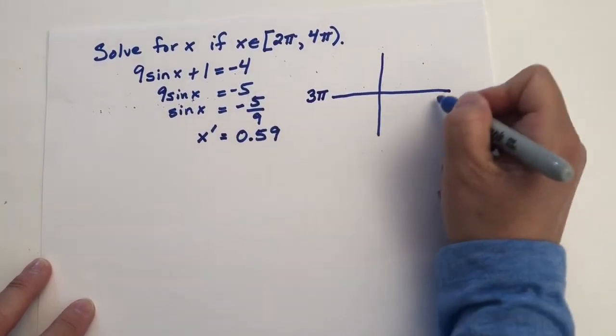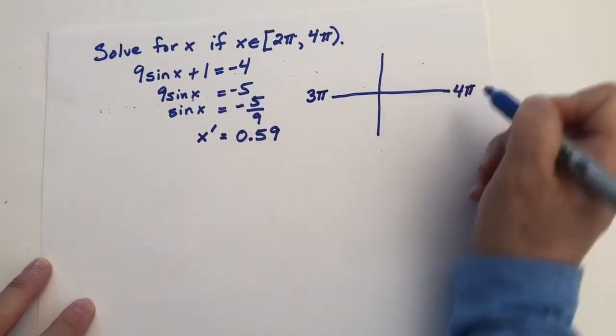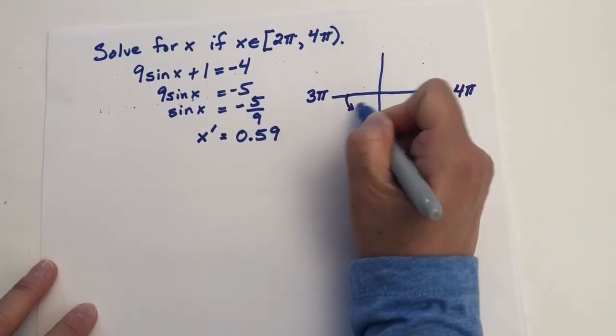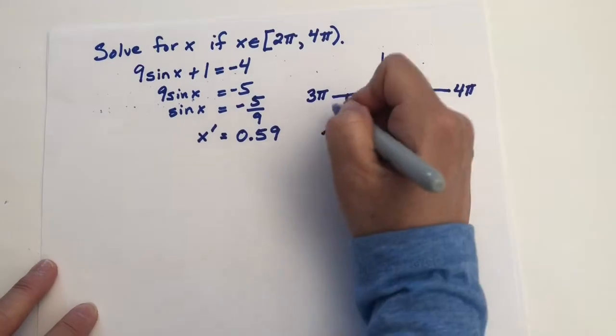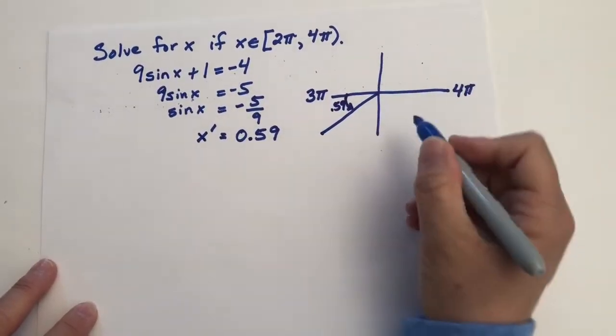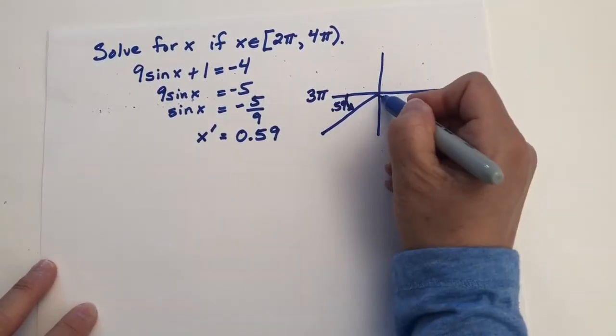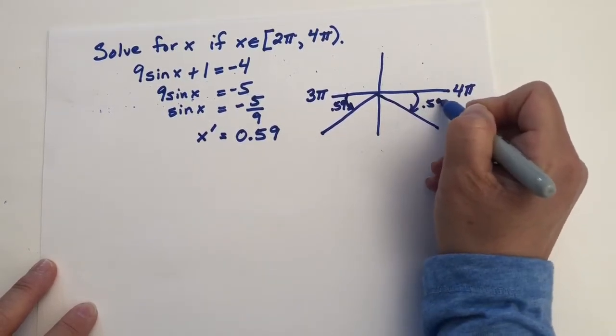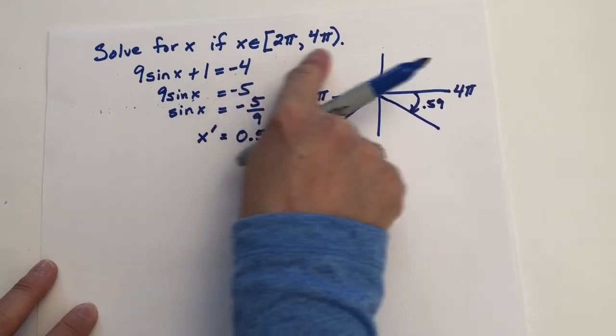And if you continued on, you'd be at 4 pi. So our solution is going to be 3 pi plus 0.59. And it's going to be 4 pi minus 0.59. So that we would have the solutions in this interval.